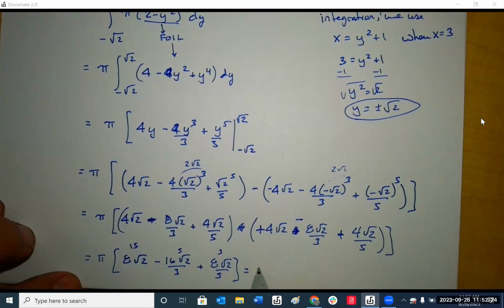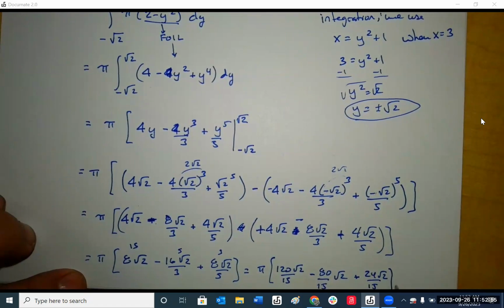This one times 3. 40, 120 radical 2 over 15. 80 over 15 radical 2. 24 radical 2 over 15. 144 minus 80 is 64 pi radical 2 over 15.